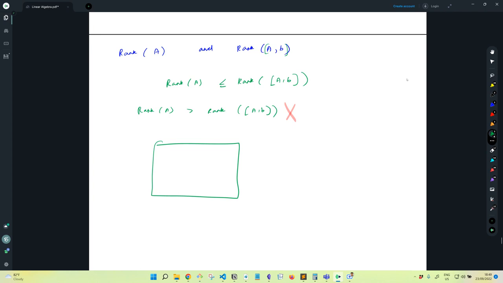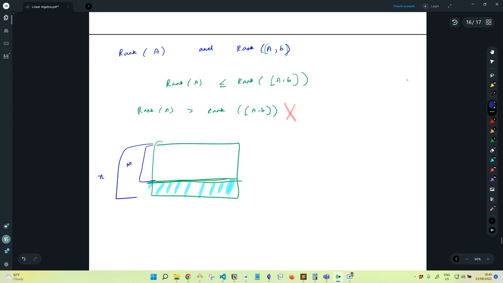Let's say this is your A matrix. Let us assume that below this entry all the rows are zero. Now let me give dimensions to this.